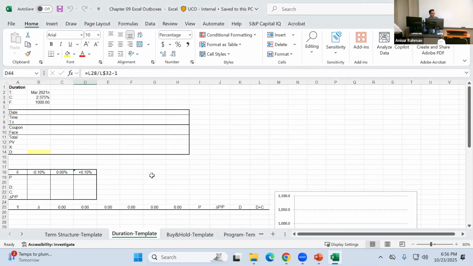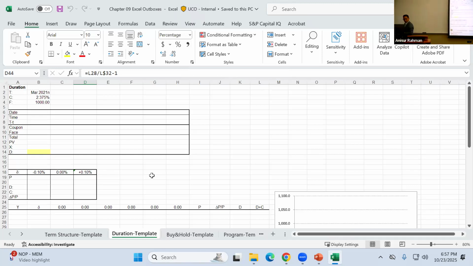Let's go to the duration template. And we have a note here. This N means note. It will mature in March 2021. It has a coupon rate of 2.375%, $1,000 par value.